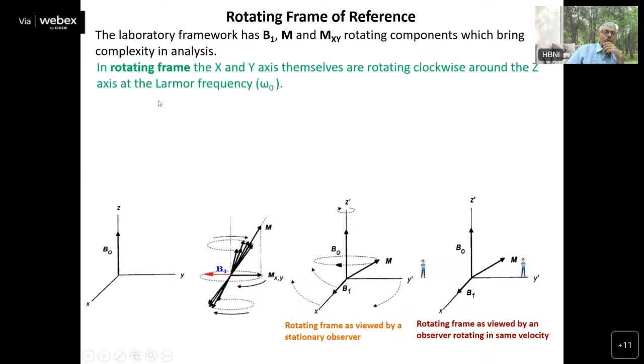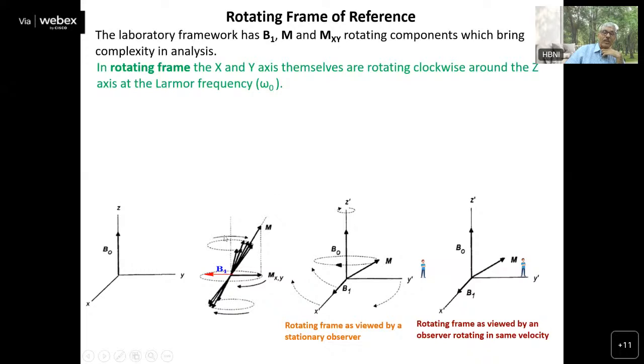So what we will do now is introduce a new frame called the rotating frame. What is the rotating frame? We rotate the XY axes clockwise around the Z axis with the Larmor frequency of the nuclei.